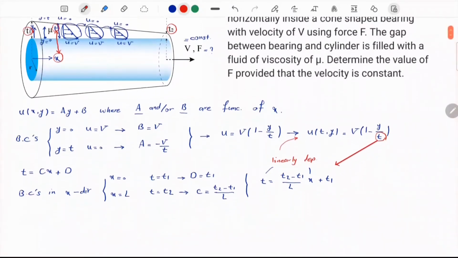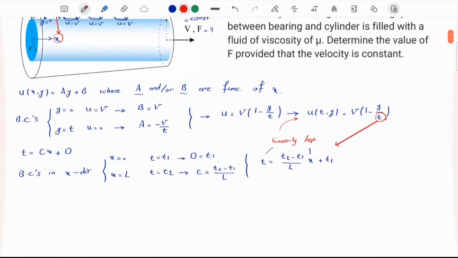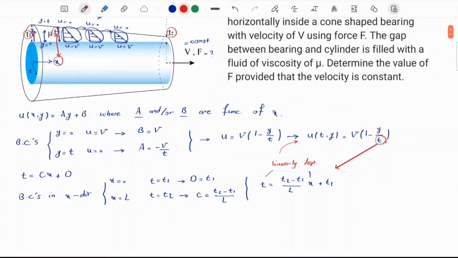Okay, now we jump to our calculations of tau and force. For calculating tau and force, first of all, we consider a differential ring around our cylinder.